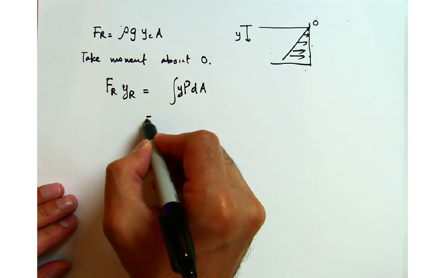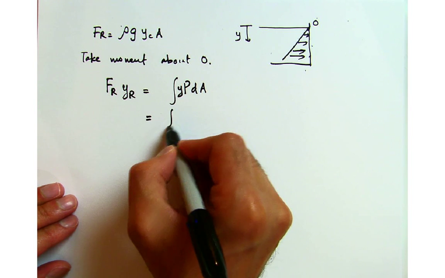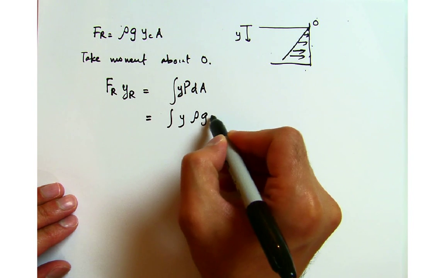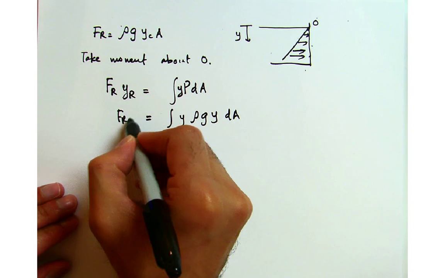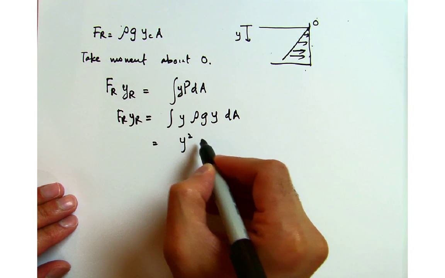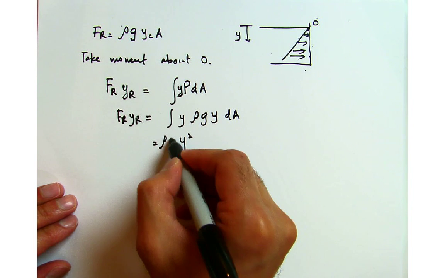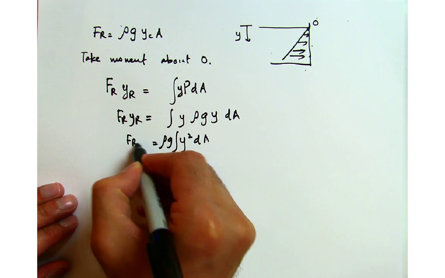So this is equal to the integral of y rho g y dA, which is F_R y_R, and then we have y squared. I can take rho and g out of the integration, and then we have the integral of y squared dA equal to F_R y_R.